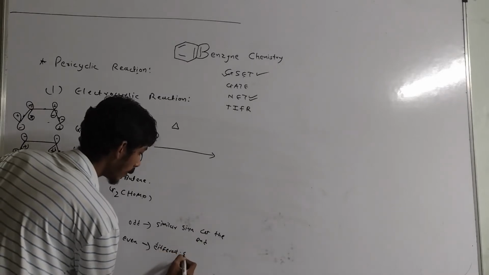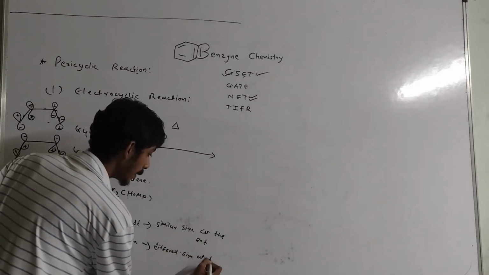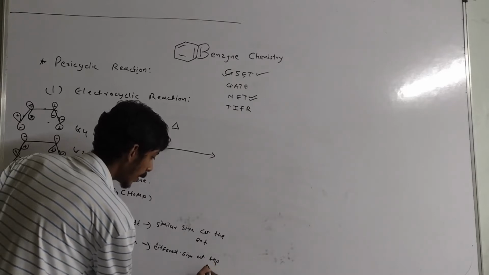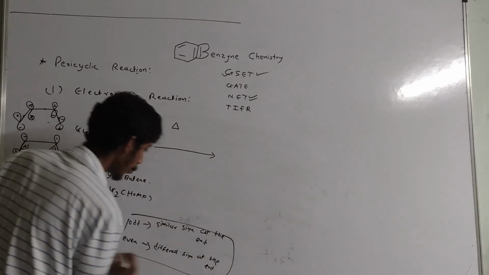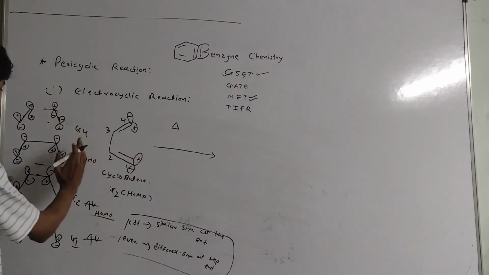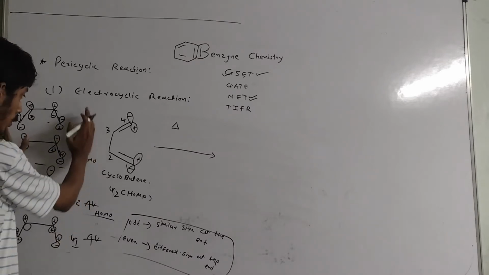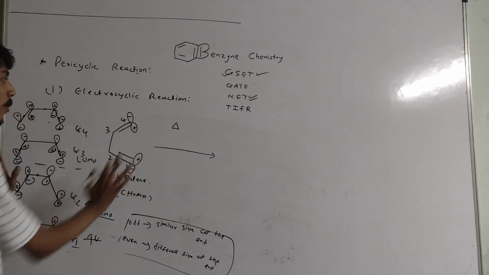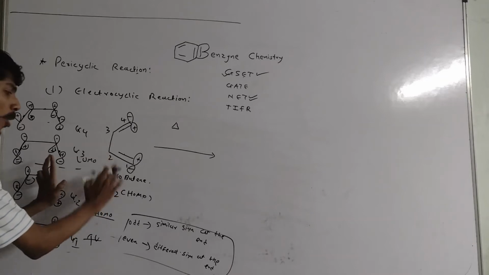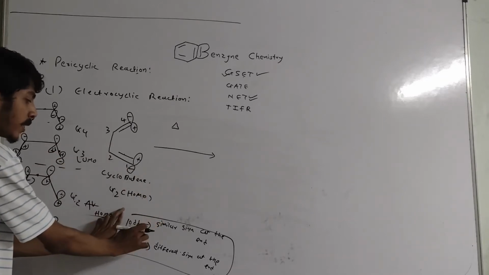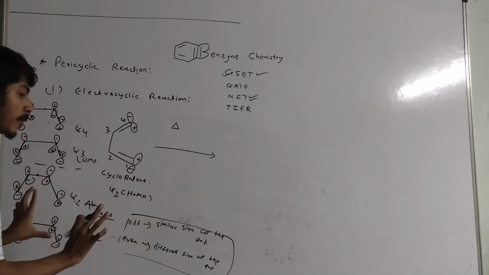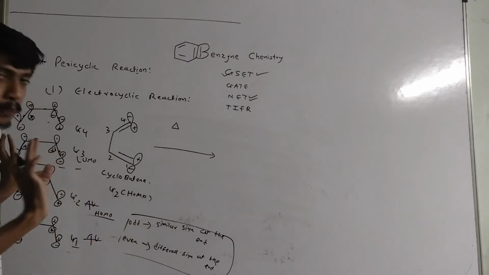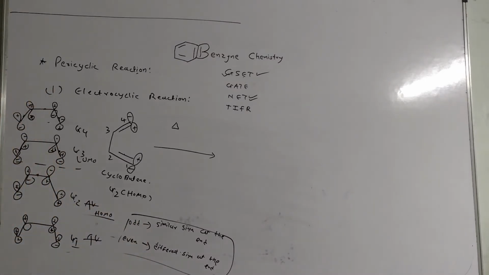So you don't have to draw all the possible wave functions for cyclobutane or any other system. Just memorize odd and even wave functions, and which is HOMO and which is LUMO.